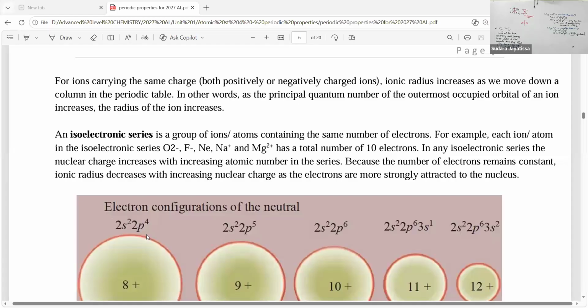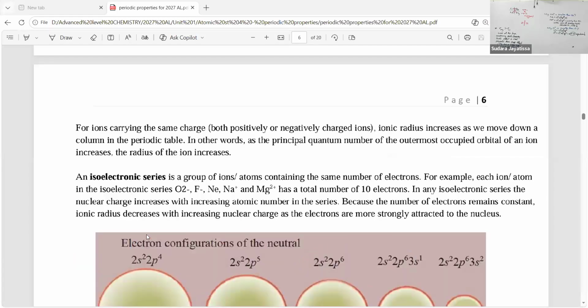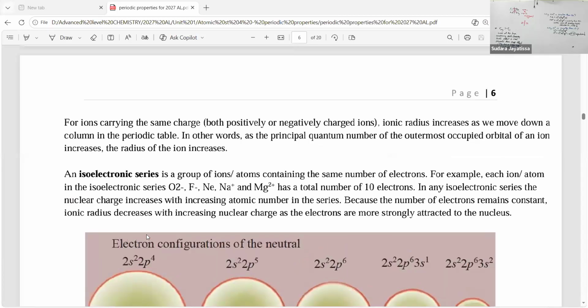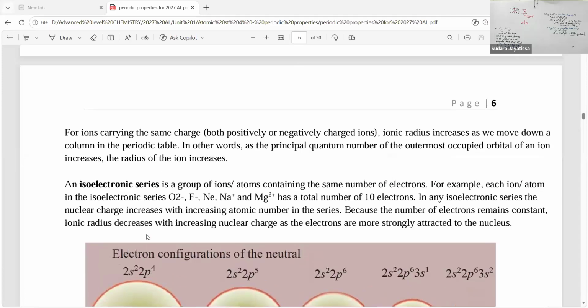Now let's go to the next page. For ions carrying the same charge, positive or negative, ionic radius increases as we move down a column in the periodic table. Similar to atomic radius, downward the group, the cationic radius and anionic radius increase.